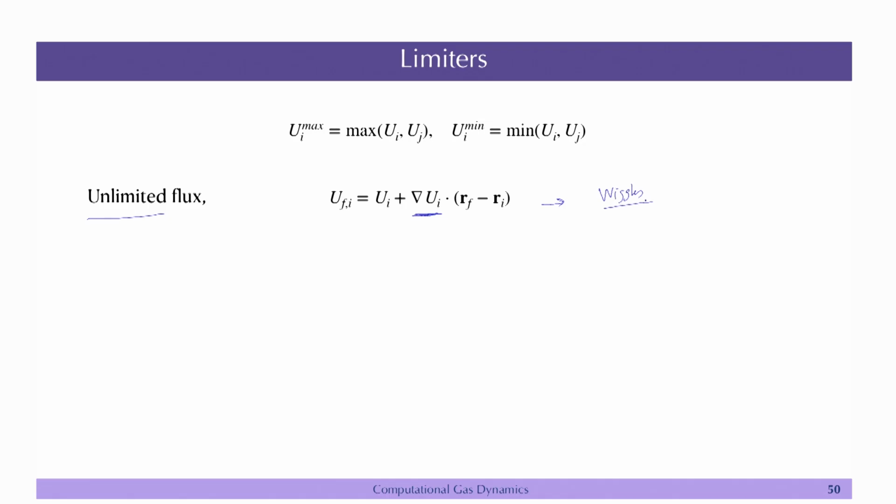If you have a discontinuity like this, you might have wiggles here or here, depending on whether this is maybe Lax-Wendroff, Beam-Warming or the Fromm scheme. That is why we had to have the limiter. You cannot directly use it, so you have to limit it, multiplying the value with the limiter.